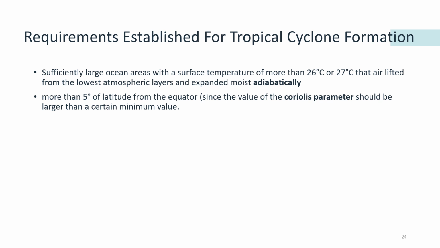Another requirement is what we call weak vertical wind shear in the basic current, like a small or weak vertical wind disturbance.